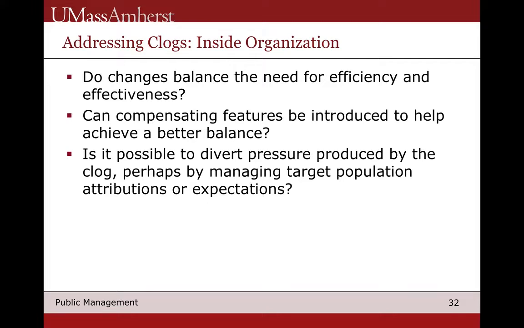This is the reason I find the plumbing metaphor so useful: the pressure is all coming at one point. It's all coming at the call centers. Can we divert it by, say, managing target population attributions or expectations? Sometimes you can divert it by changing the actual flow of work. But if you think about water moving through a system and putting pressure in different places, this is exactly the metaphor that can help us understand how to address these clogs.